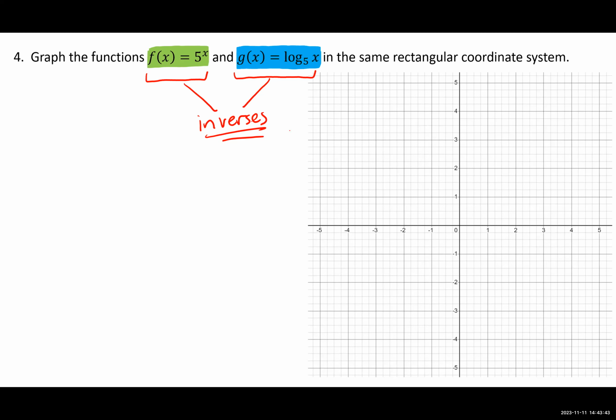Now, one thing that we talked about with inverses is that if the ordered pair x comma y is coming from one function, we'll say x comma y is a point on the graph of f of x, so it's an ordered pair from f of x, then the point y comma x is on the graph of g of x.